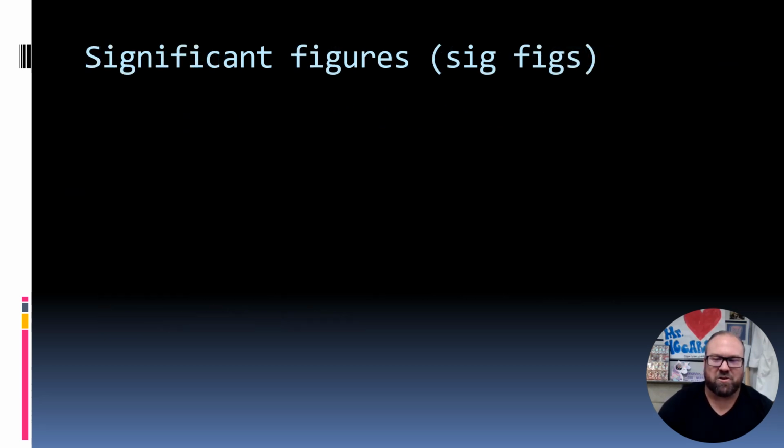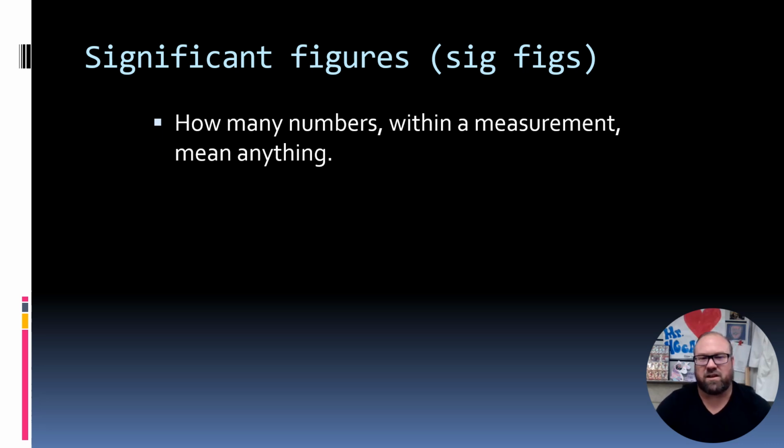All right, everybody. So the first thing we need to talk about with significant figures is their basic definition, which is that a significant figure is what digits within a specific quantitative measurement mean something, meaning they are important to the understanding of the overall value being expressed by the measurement.